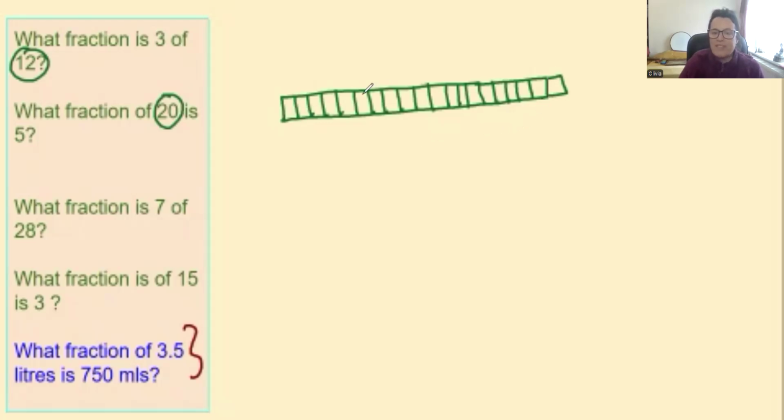Again, we are pretending that this is a perfect bar model and I have 20 parts. What fraction of 20 is 5? So let's shade in 5. 1, 2, 3, 4, 5. So I've shaded in 5 out of 20. And again, if we simplify it, we divide by 5, divide by 5, which is 1/4 again.